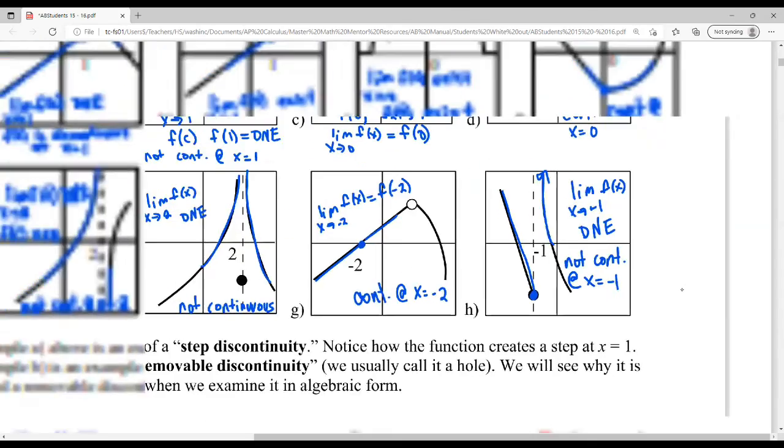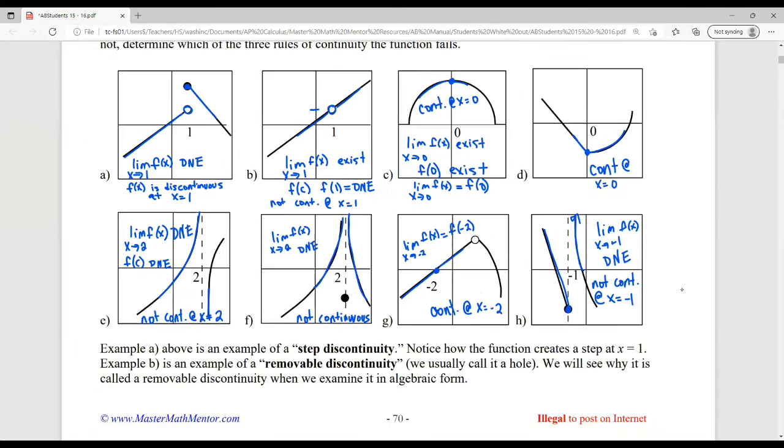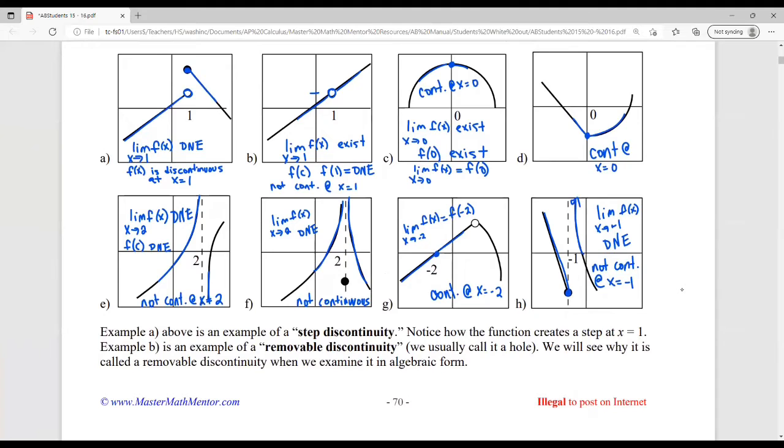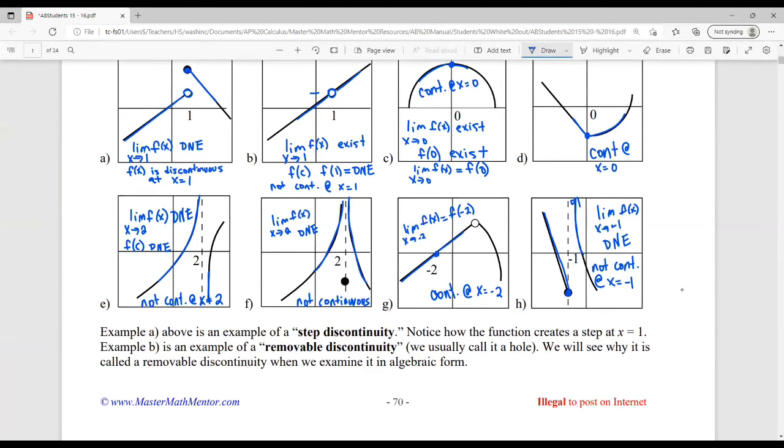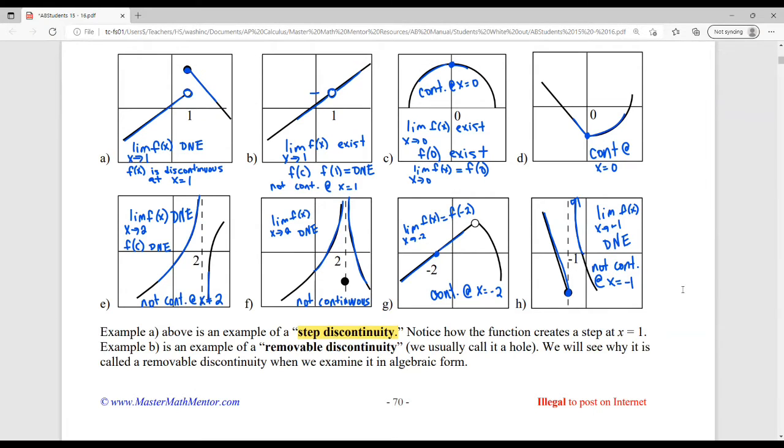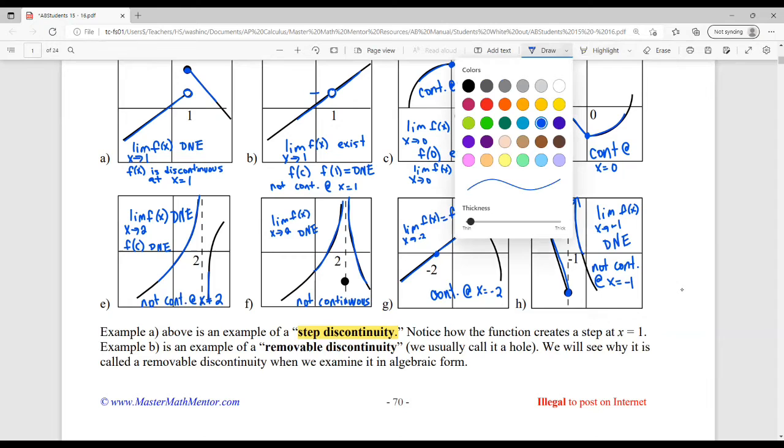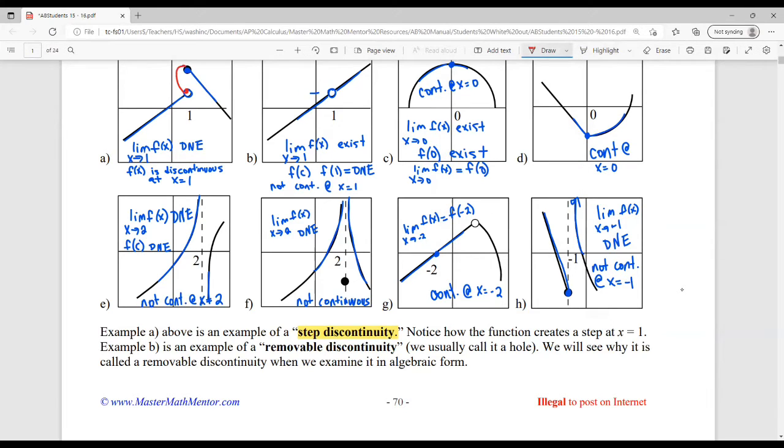All righty, moving on. This next part just gives us some definitions. Example A is a step discontinuity, because if you notice, you have to step from here to get up to the next level.